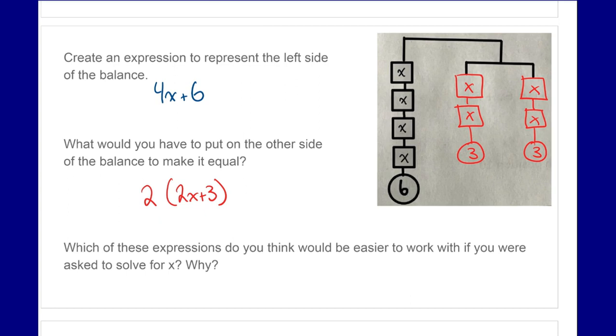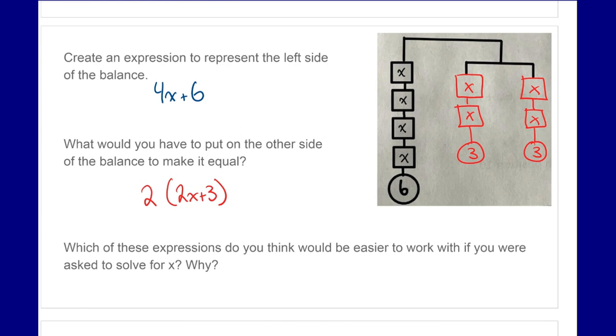So now, which of these expressions do you think would be easier to work with if we had to solve for x? Would you rather work with the 4x plus 6 or the 2 times 2x plus 3? Now, there may be some reasons for either or, but I might think most people might choose the first one, the 4x plus 6. Even though the numbers are larger, it is only a 2-step equation now, and we've worked quite extensively with 2-step equations.